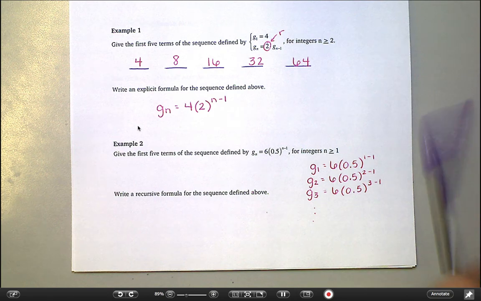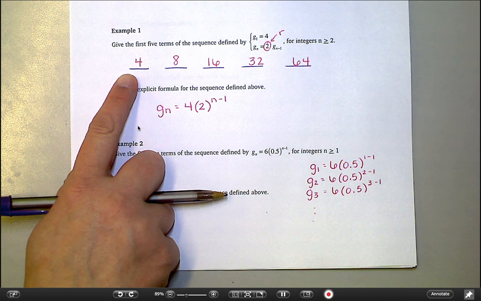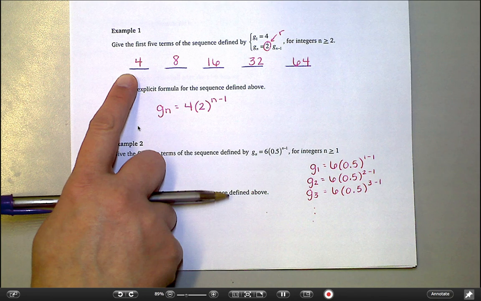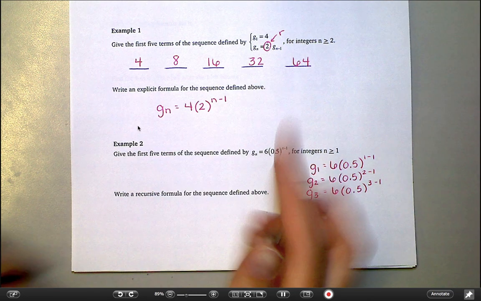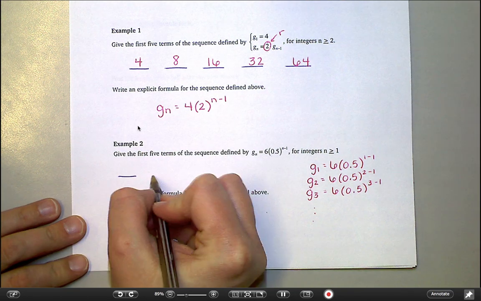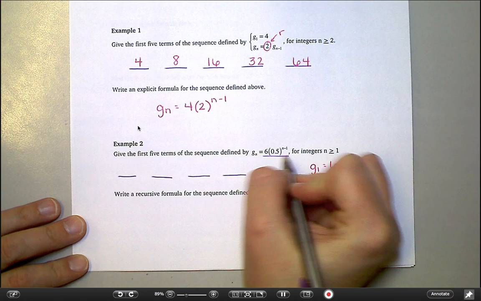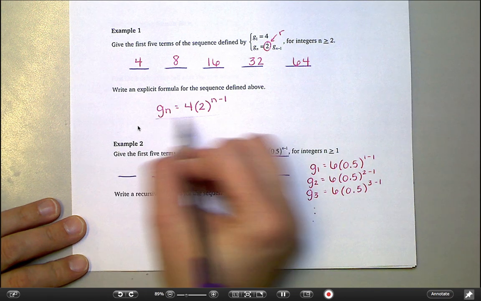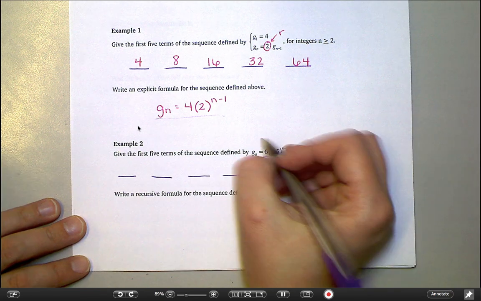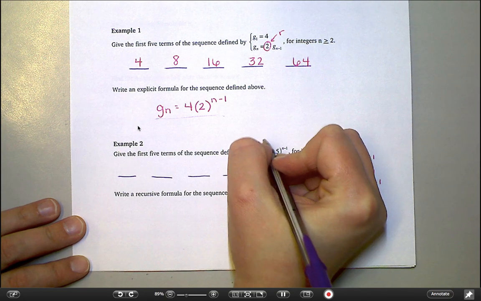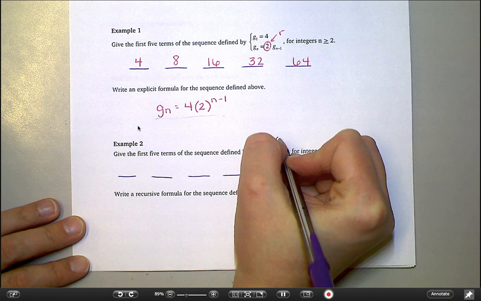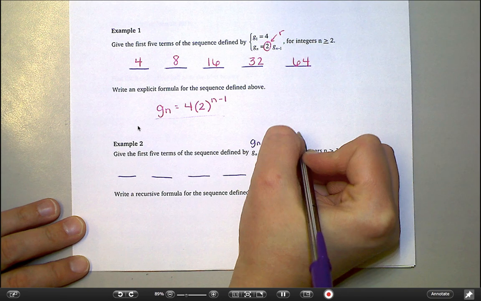You know, type that into your calculator and see what you get. But do you remember how easy this was when we were just generating terms in a sequence because we could jump from one to the next? We can actually do that same thing here, because this is an explicit formula. It's in the same format as this thing. So this really is G1 times R to the n minus 1.